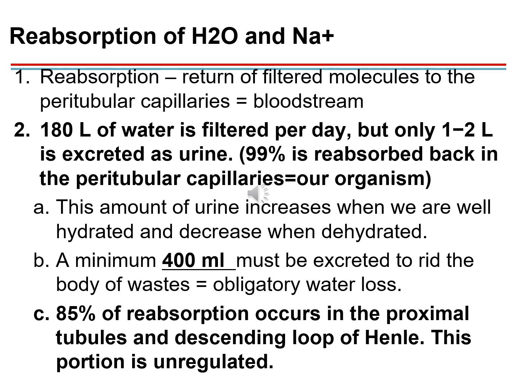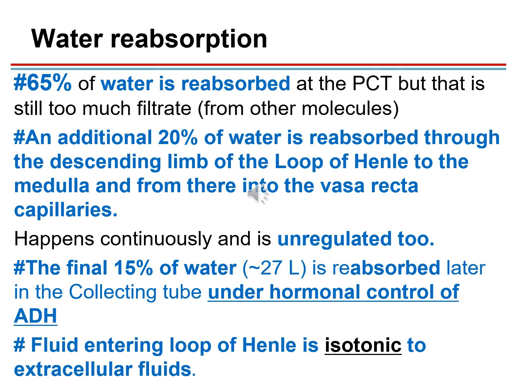Now, I'm going to explain in more detail how water is reabsorbed. We reabsorb water in different steps during the transition of the filtrate through the different tubes of the nephrons.